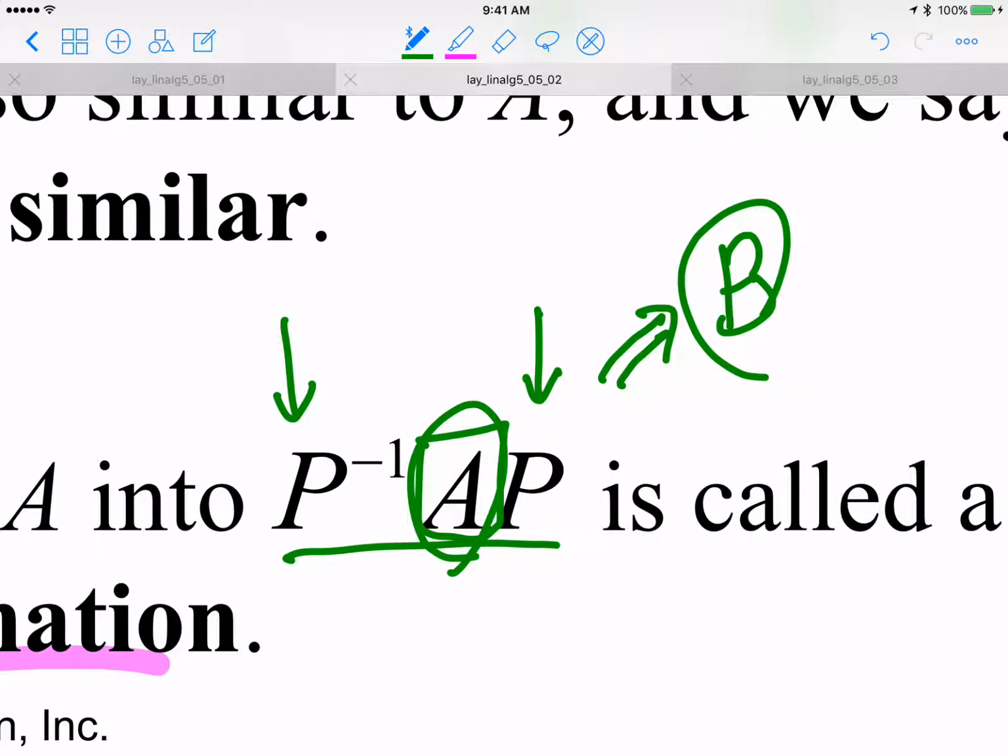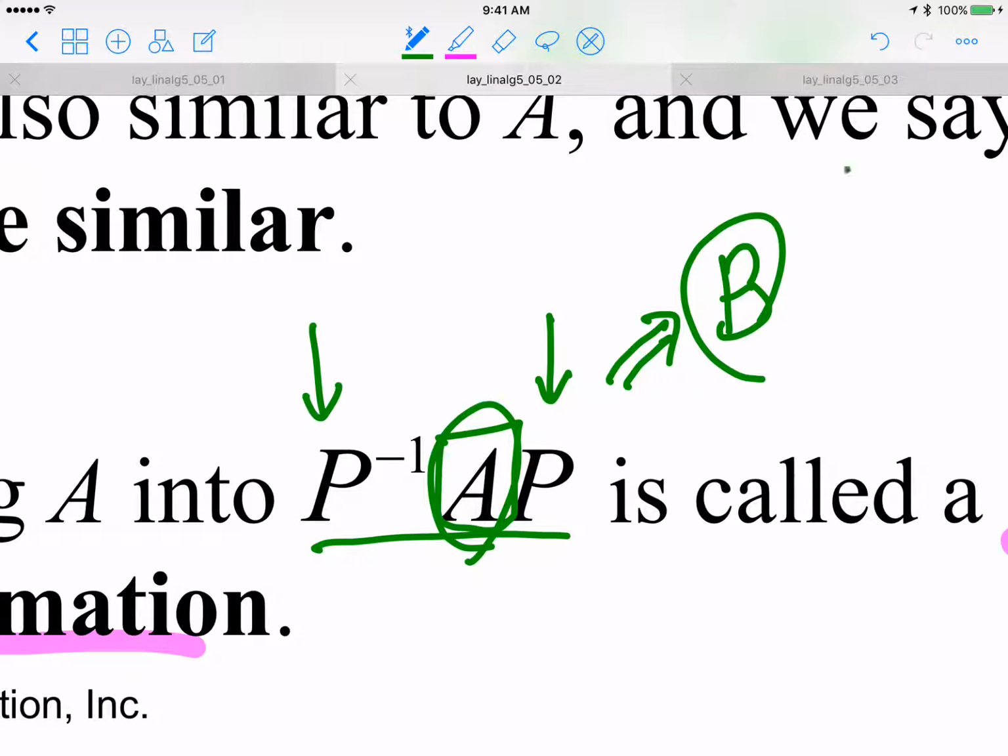But if this matrix B is some special matrix, then that's when this similarity transformation becomes meaningful.